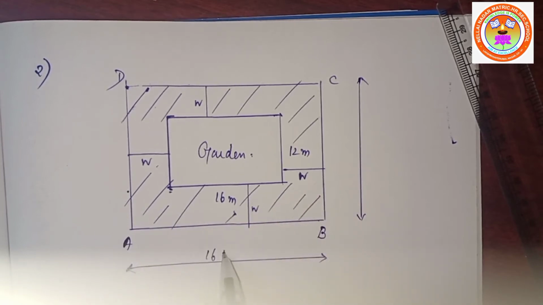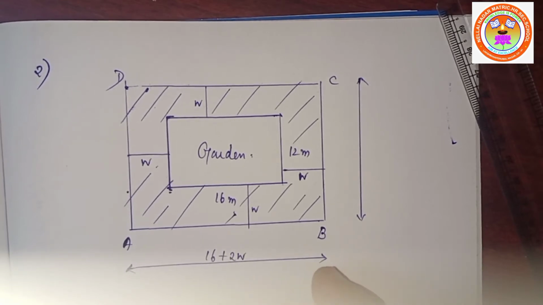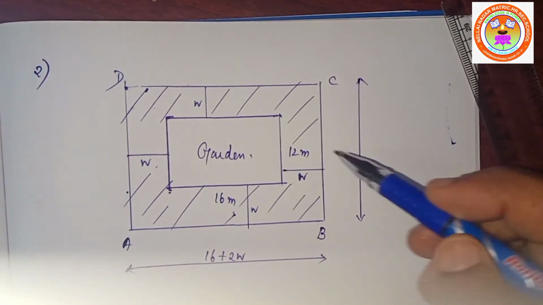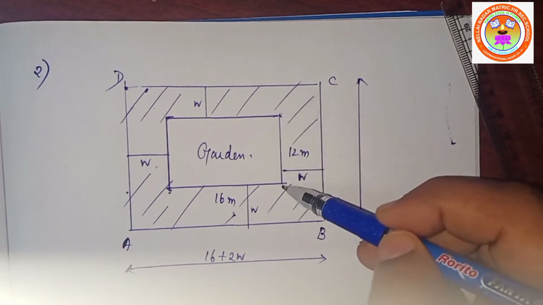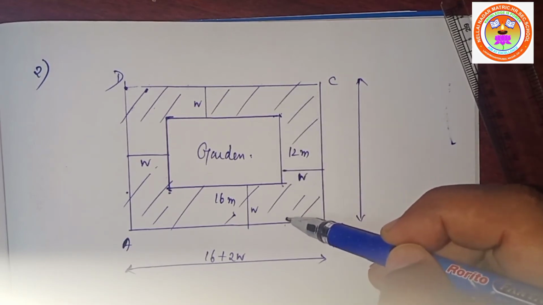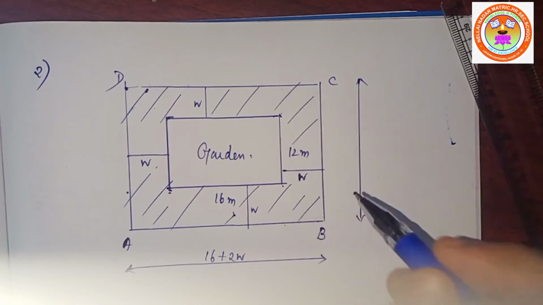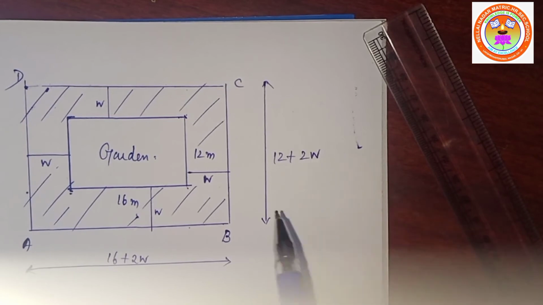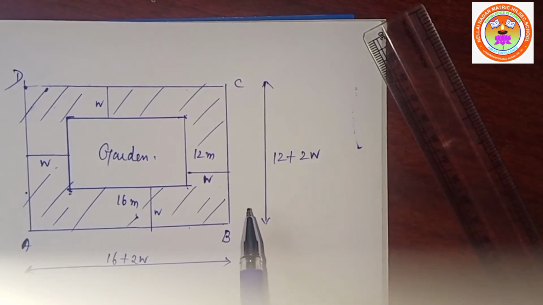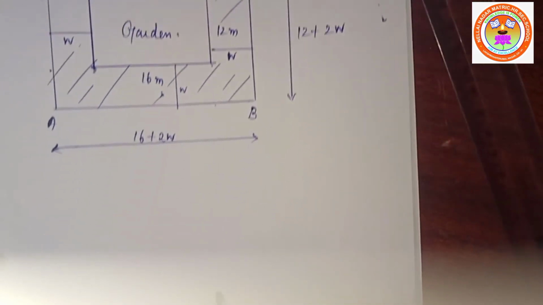That is the length of the garden, rectangular garden, including the path. Like that, breadth. This portion 12, this portion W, it is also W, so 12 plus 2W. 12 plus 2W, that is the breadth of the rectangular garden, including the path.